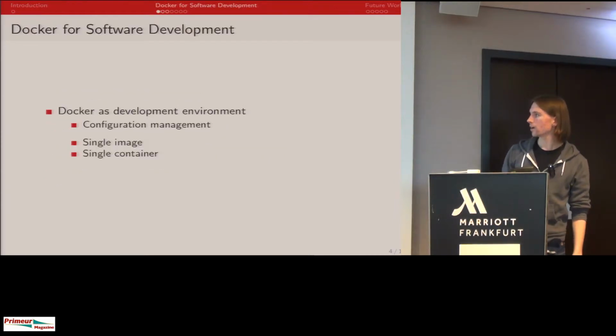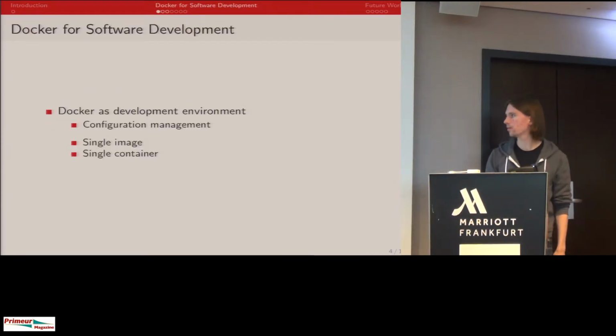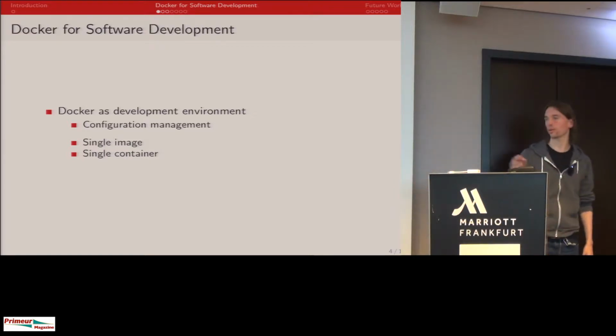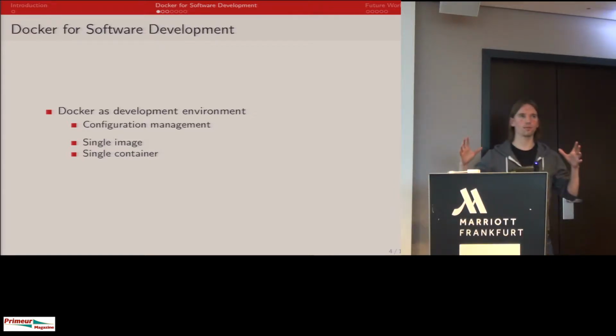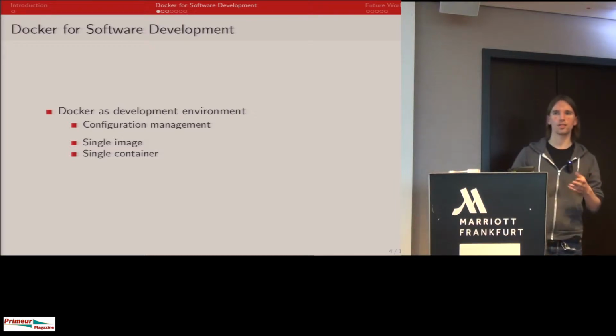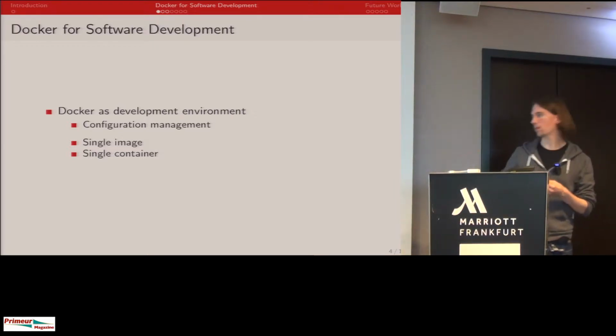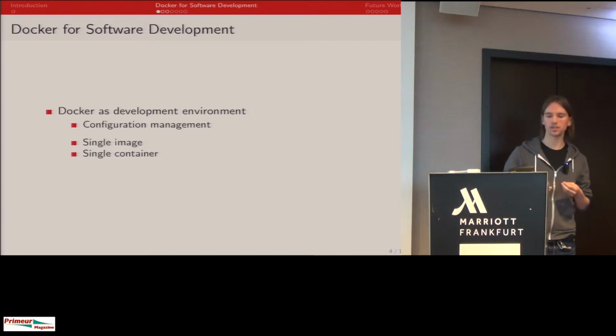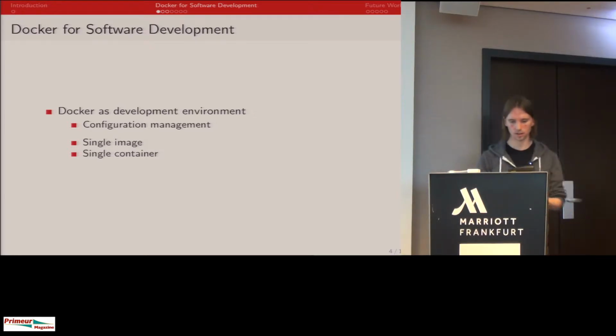So, Docker as a local development environment. You can use the configuration management aspect of Docker to have an environment set up that can build, run, and test an application. So you have just a single image and a single container.